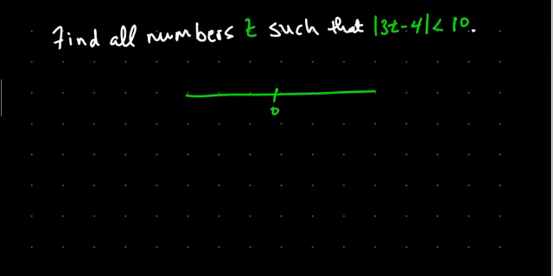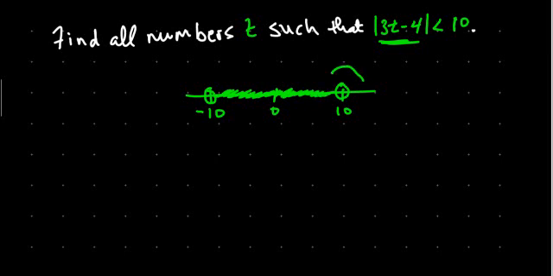Here's 0, negative 10, here's 10. Okay? If I say that the absolute value of something, no matter what that something is, is less than 10, that means it can't be bigger than or equal to 10, so it has to lie in here, or the distance between 0 and 10 is less than 10 for everything inside here.